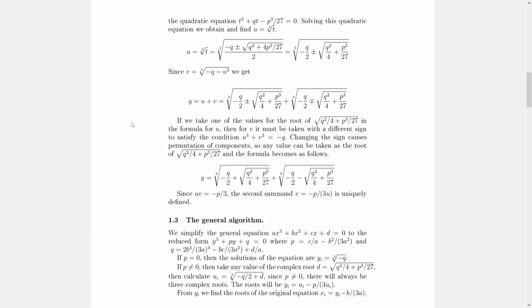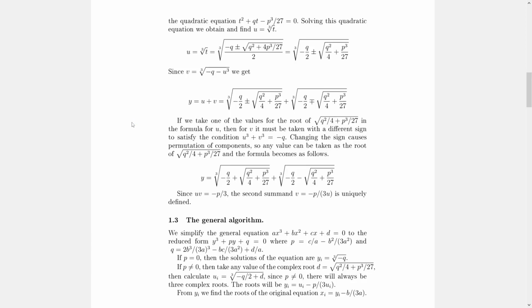Changing the sign causes a permutation of the summands, so any value can be taken as the root of our square root, and the formula becomes as follows: y equals the cube root of minus q divided by 2 plus our square root, plus the cube root of minus q divided by 2 minus the square root.